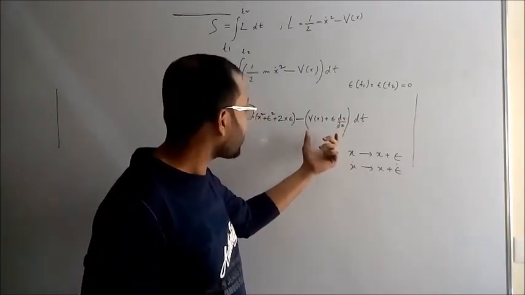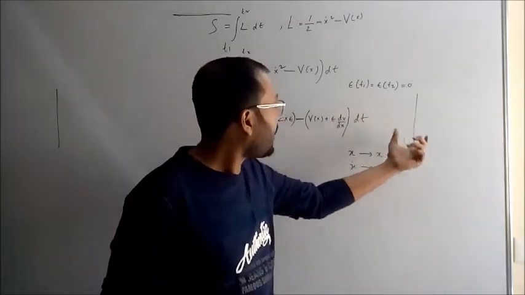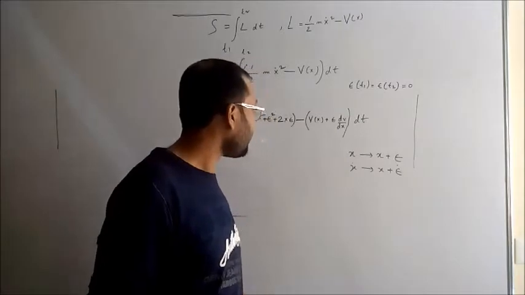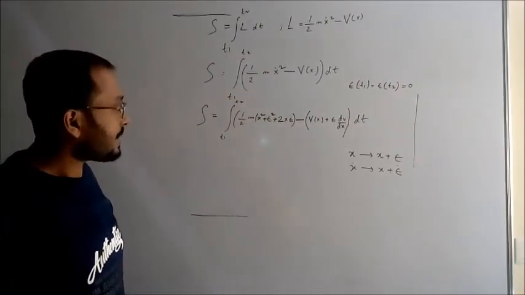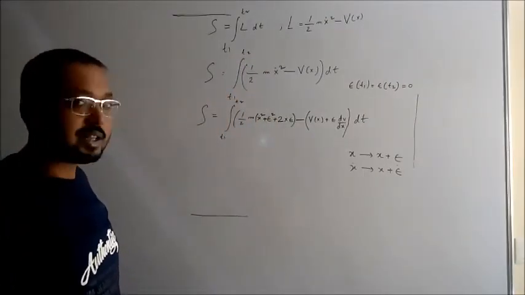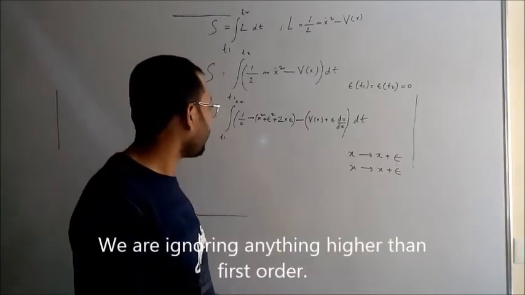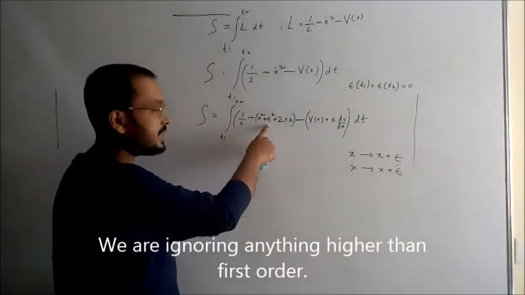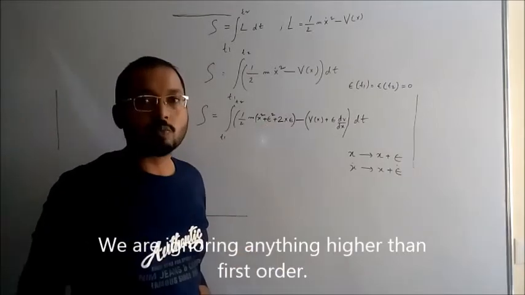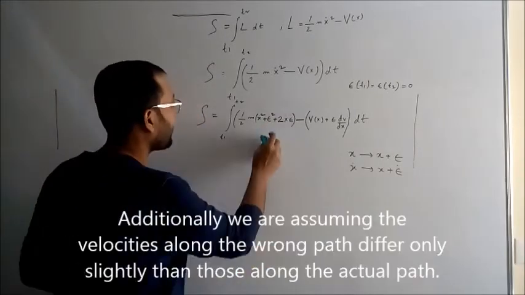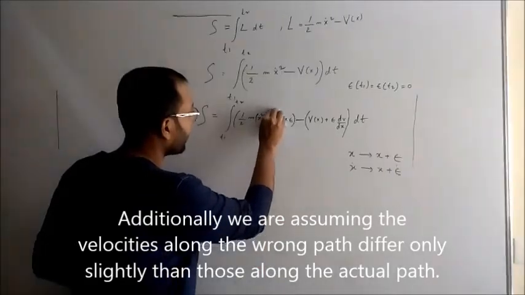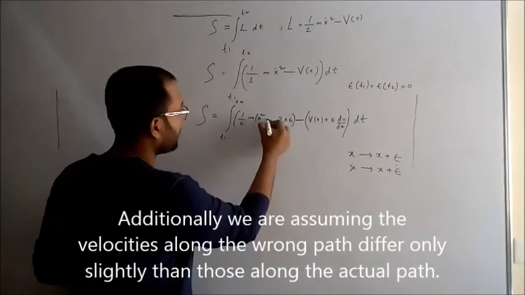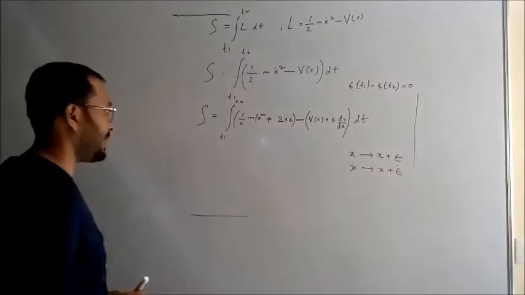For the exact expression, I would have to write down many higher order terms containing higher powers of epsilon. But because epsilon is small, its powers are even smaller, therefore I get to ignore them. Epsilon dot squared can also be ignored. Epsilon being small, epsilon dot is also small, so epsilon dot squared is also very small, it can be ignored. So ignoring epsilon dot squared, this is what I'm left with.